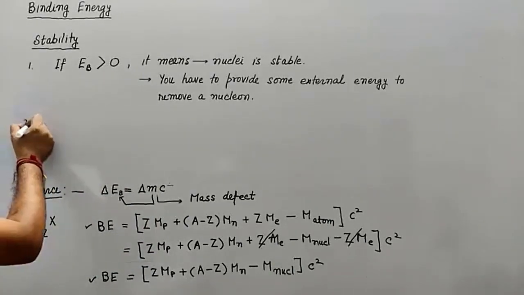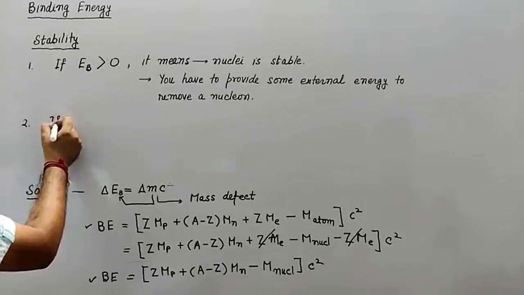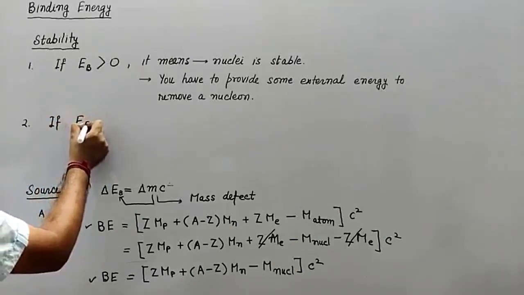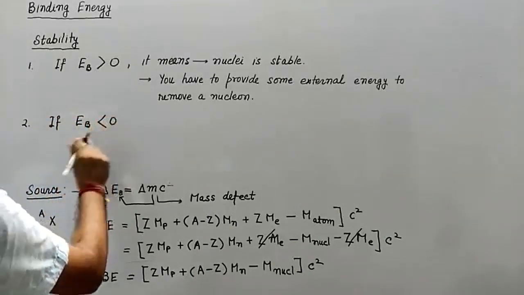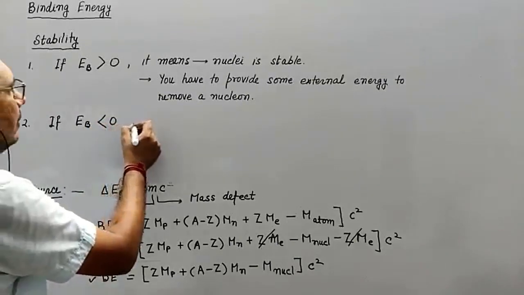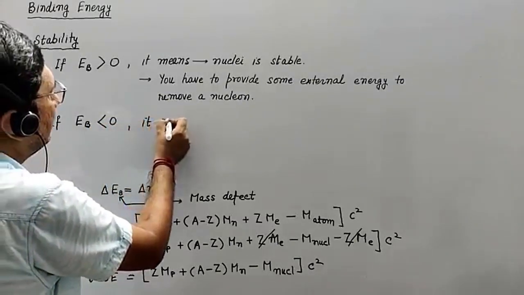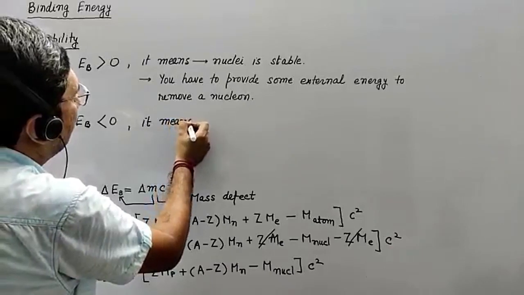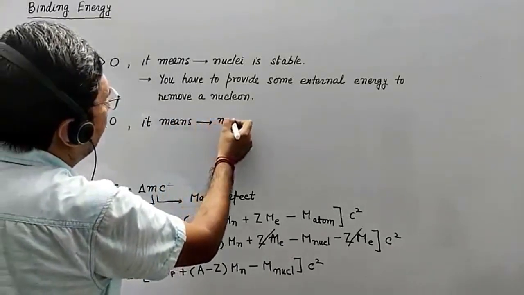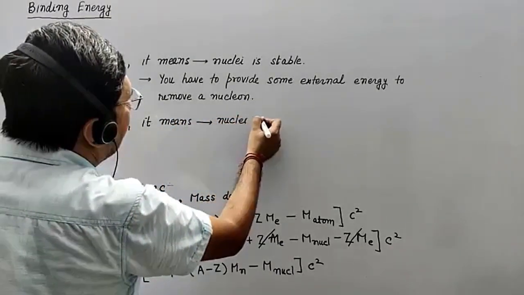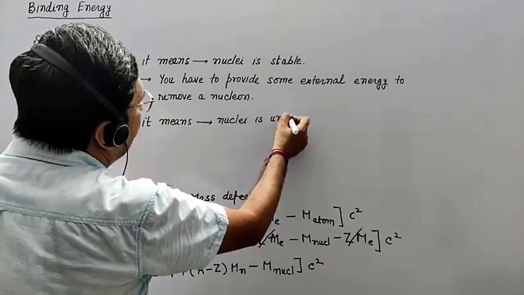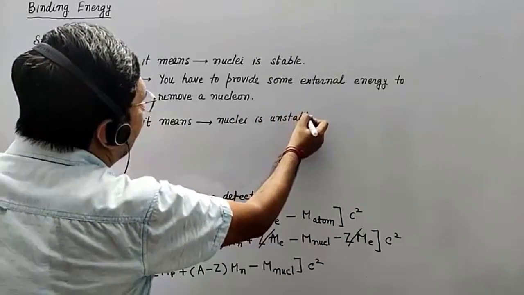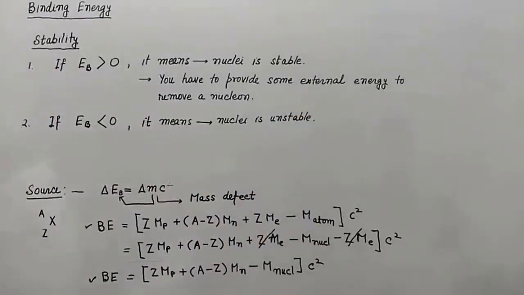Second, if EB is less than 0, it means the binding energy is negative. It means the nuclei is unstable, and it will disintegrate by itself.